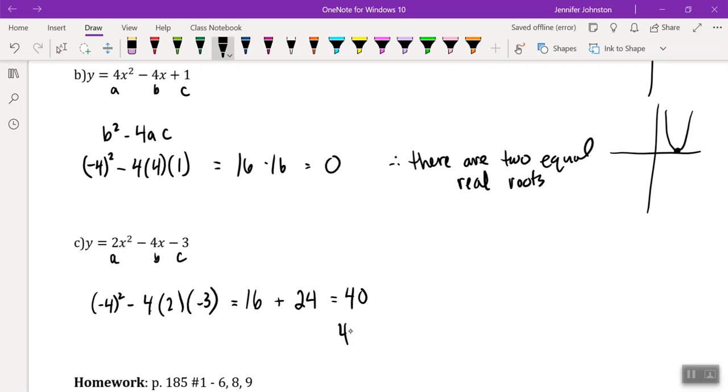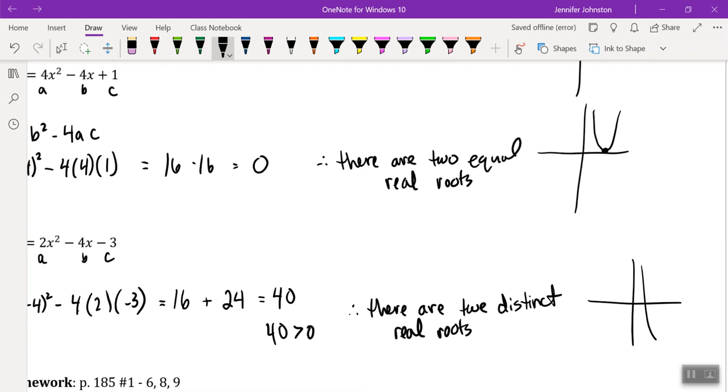And 40 is bigger than 0, meaning that therefore there are 2 distinct real roots, meaning that our parabola is going to cross through at 2 different places.